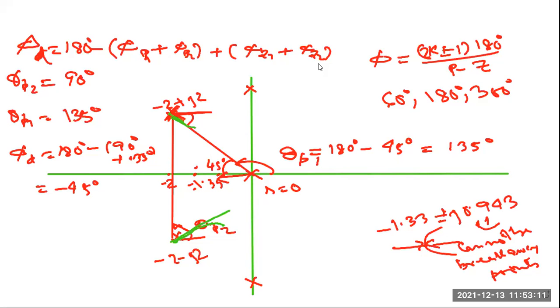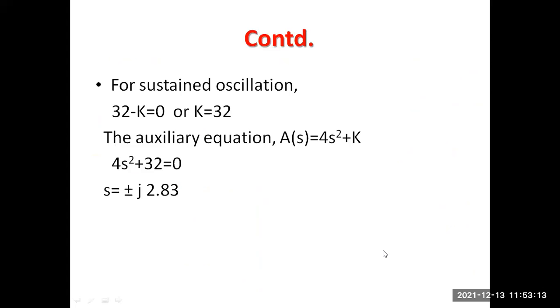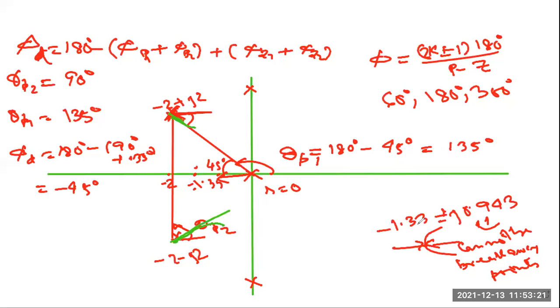Sir, previous page, sir. I will show you. Yes, please tell me. Sir, in the formula phi d, 180 degree minus phi p1 plus phi p2, and after that, sir, there is no zero, na?